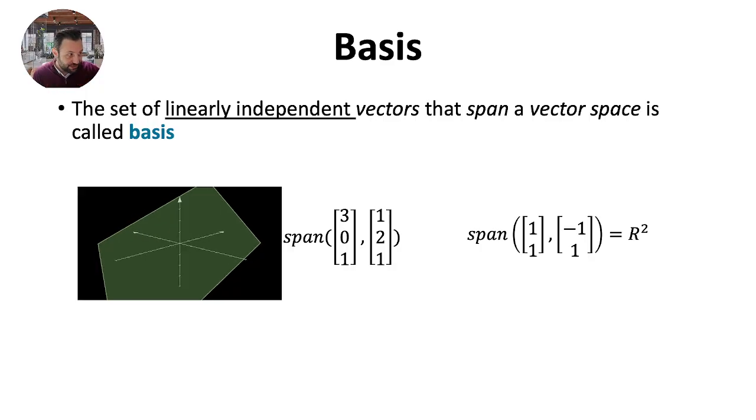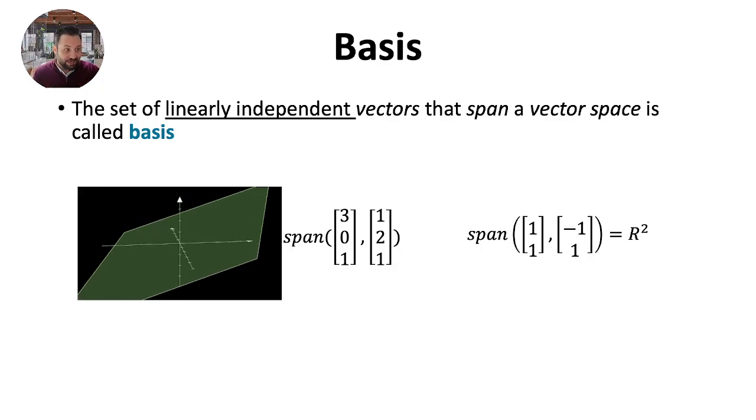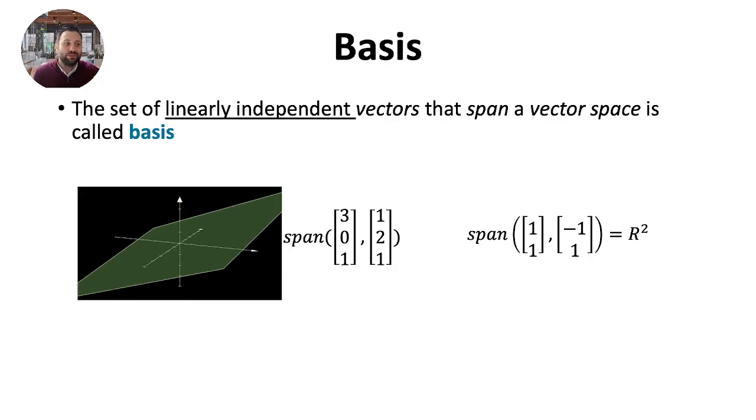The vectors 3, 1, 0 and 1, 2, 1 can be a basis for that space. There can be other bases. You can use different bases for this as long as they are linearly independent.